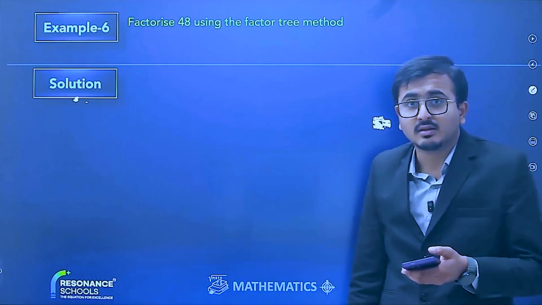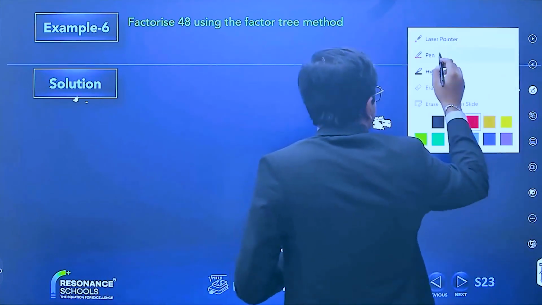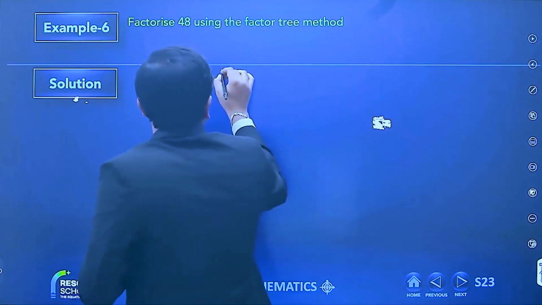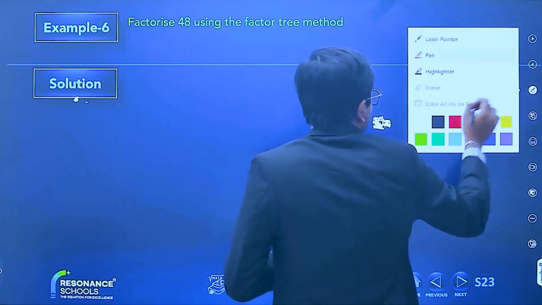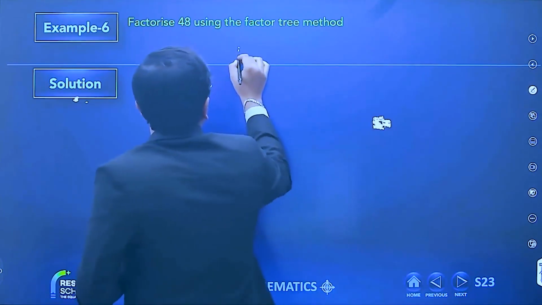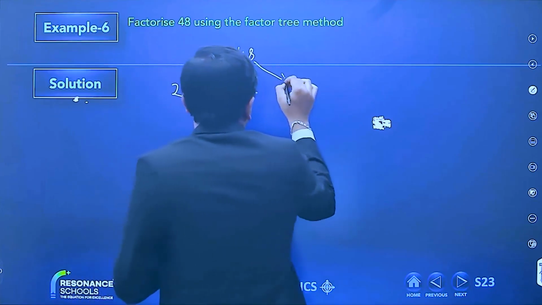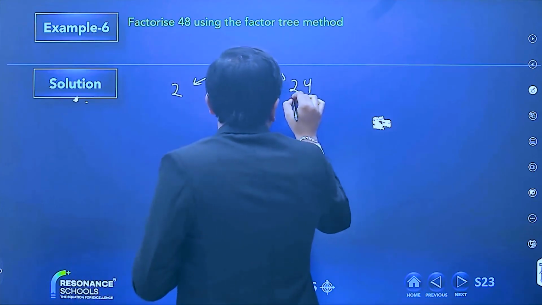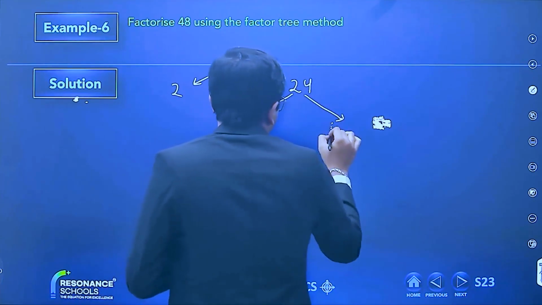Clear? Okay, now look at the question. So that is 48. First, I am writing it as 2 into 24. Then again 24, I am dividing into 2 parts, that is 2 into 12.